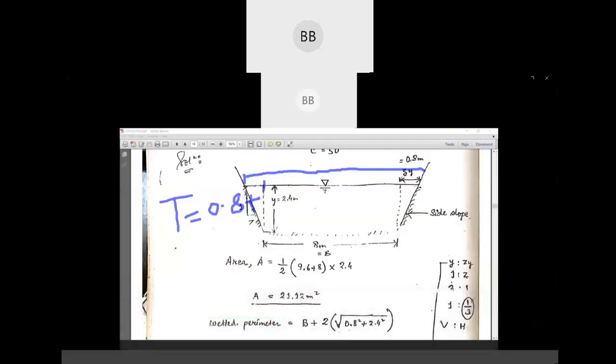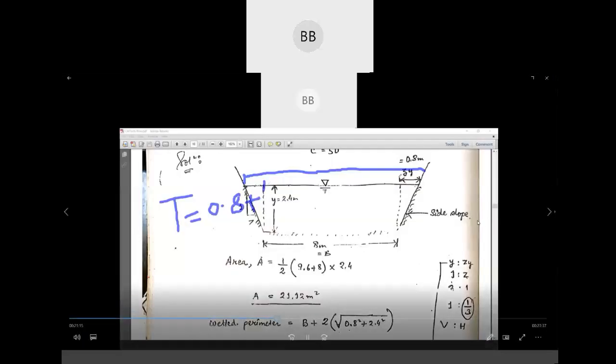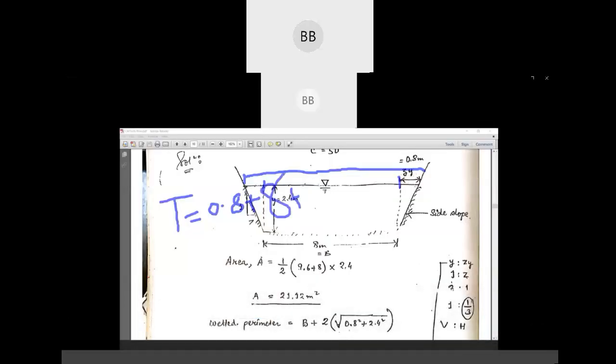Then from here to here, this is nothing but your bottom width, that is 8 meter, plus then again 0.8. This is nothing but your 9.6 meter.